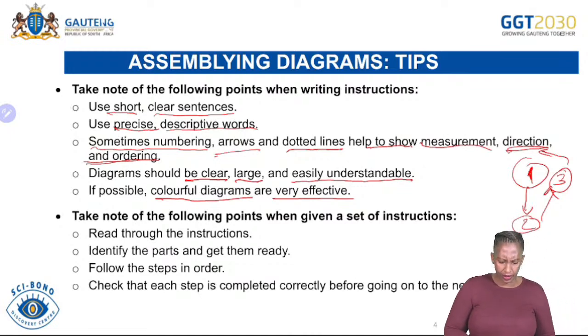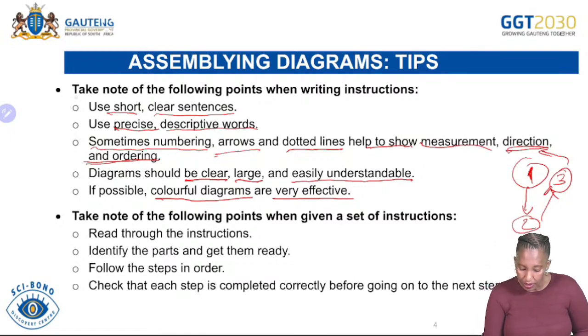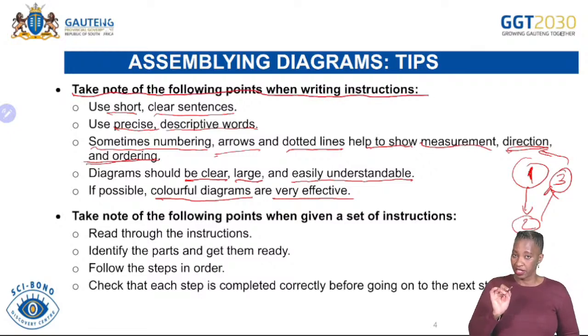Another thing, boys and girls, you must take note of the following points when given a set of instructions. Remember, number one, the first bulletin, we say we take note of the following points when writing the instructions.